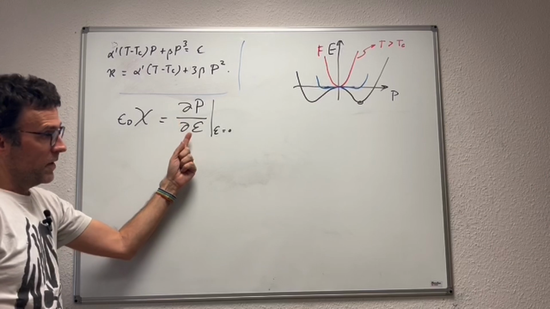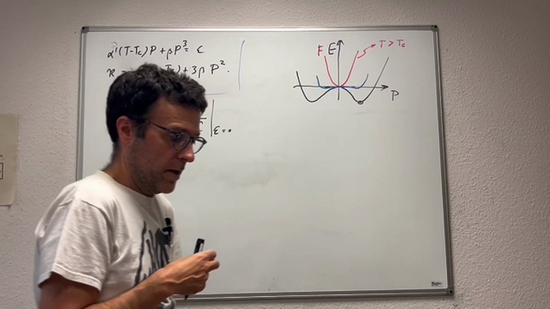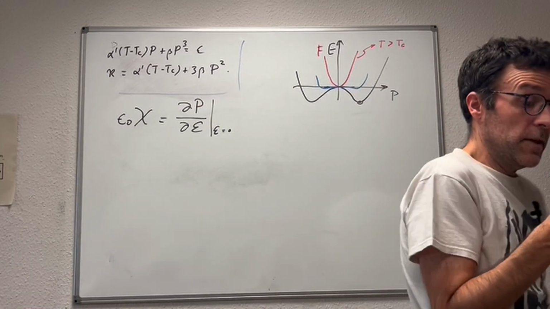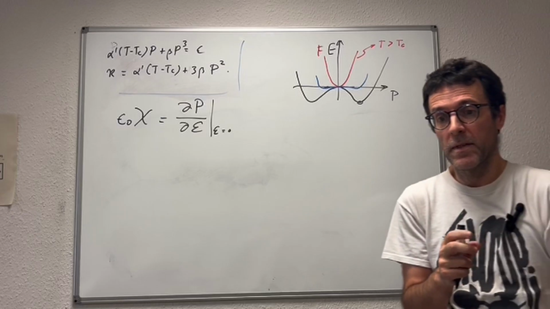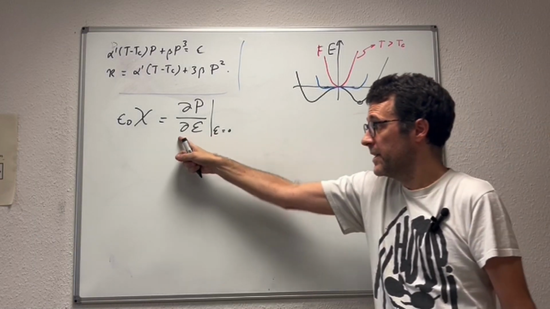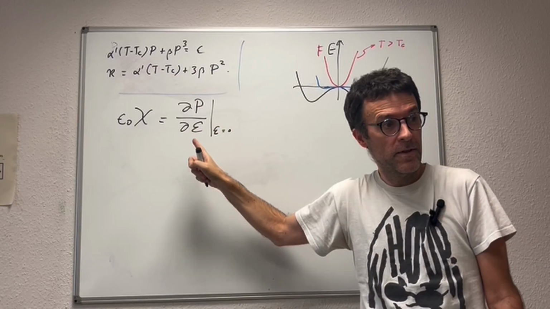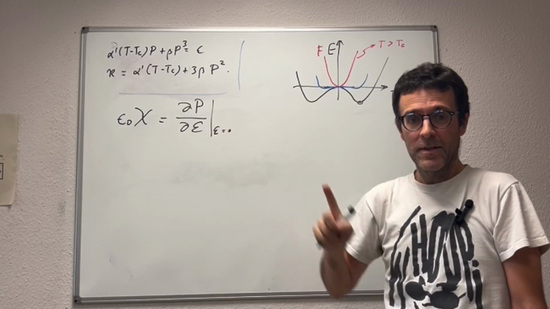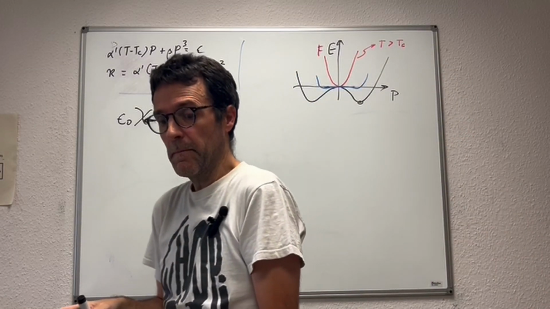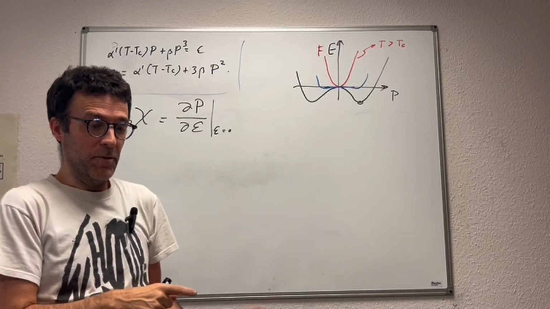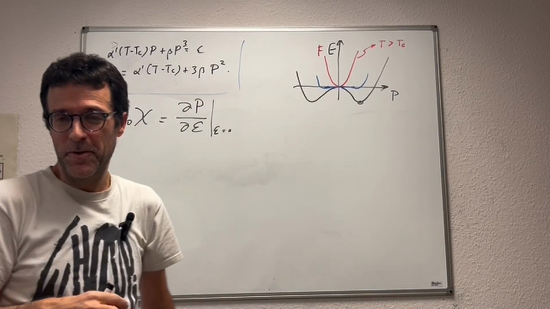So here we are going to have to take a derivative, and generally this is actually a partial derivative. For example, we are going to assume implicitly that when we put an electric field here, the temperature is not going to change. This is actually an assumption that is implicit. Well, here we are going to make it explicit because I'm already talking about it.